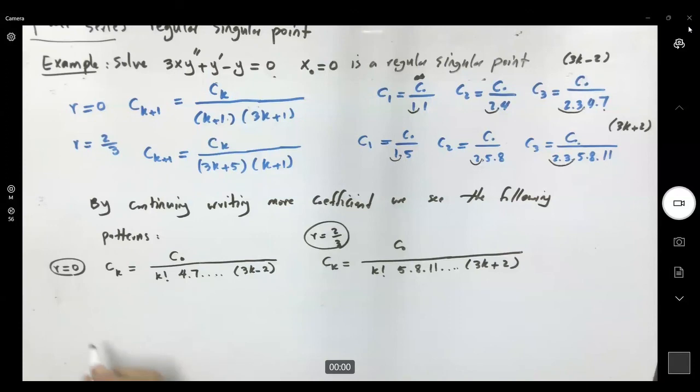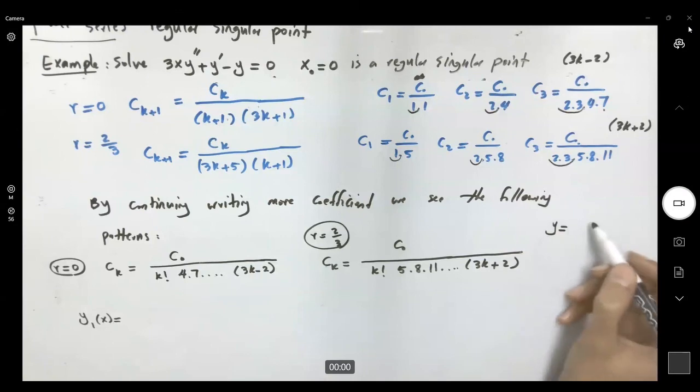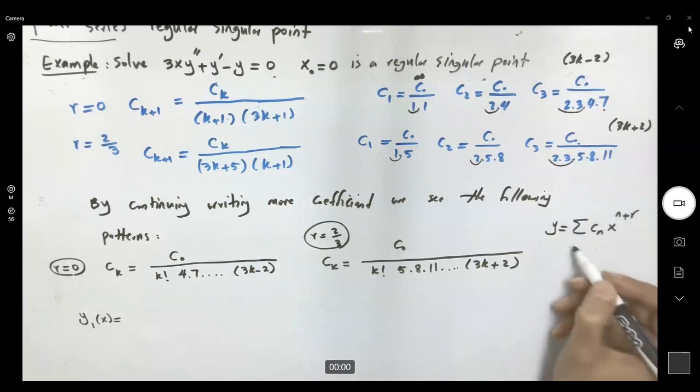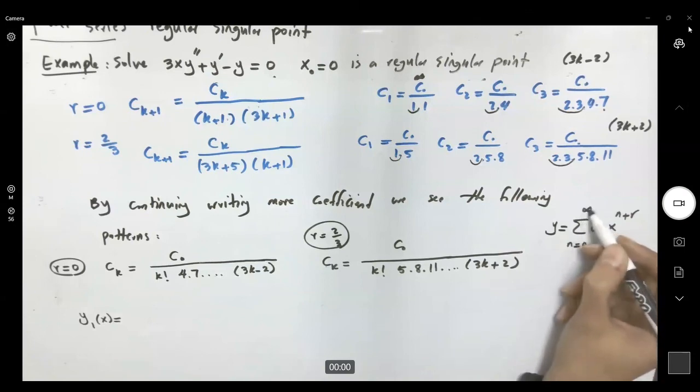So far, I found these relations for my C case. So y1 is equal to, remember that we had the general solution written as y equals the sum of c_n x to the power n plus r, and n starts from 0 and goes to infinity.